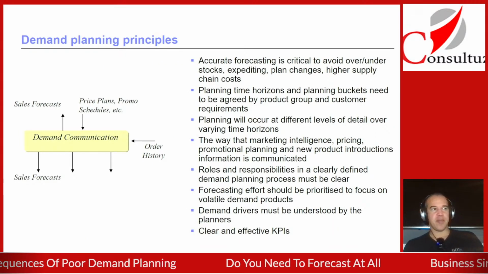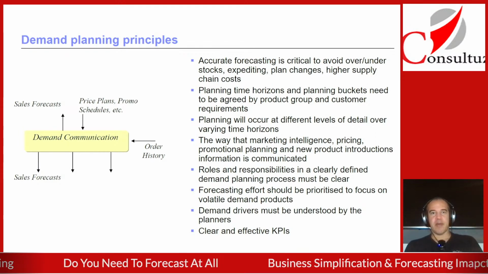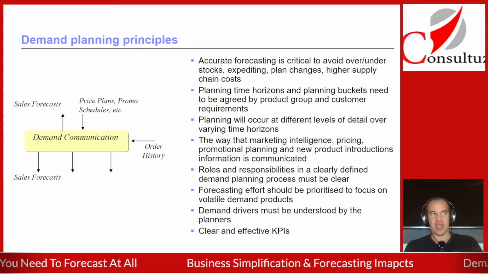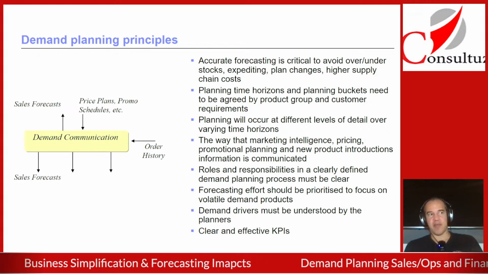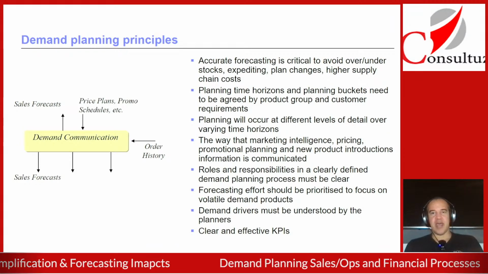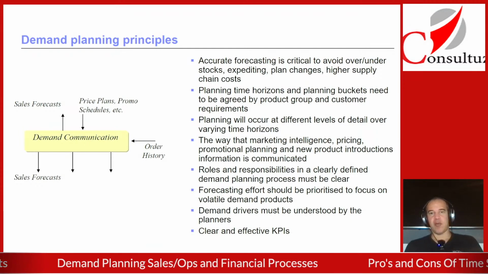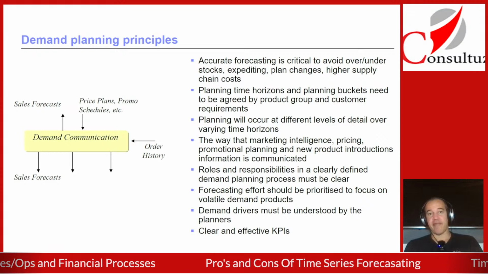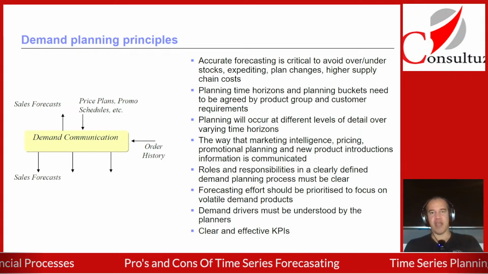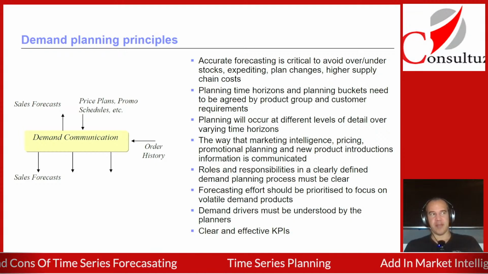And what are the principles of demand planning? They are very much about accurate forecasting to avoid any excess stock being produced, but also to make sure that you don't have availability problems, so that your supply chain produces the right amount of finished goods, produces the right amount of inventory to fulfill the demand that you anticipate.